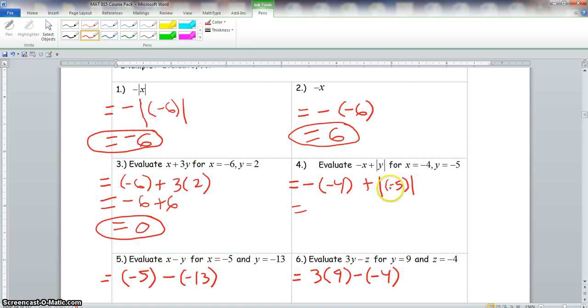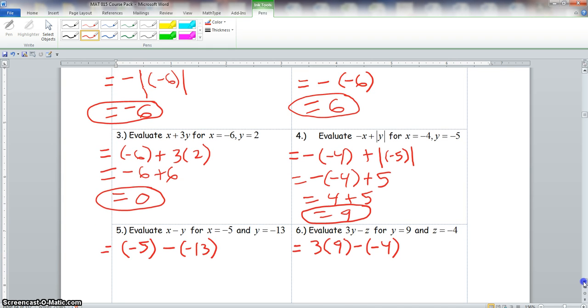So we have the absolute value of -5, which we know is 5. So it's the opposite of -4 plus 5. So now we have our operation of addition. Well, we have the opposite of -4 here, so let's take care of that first. The opposite of -4 will give us +4 plus 5. 4 plus 5 is 9.